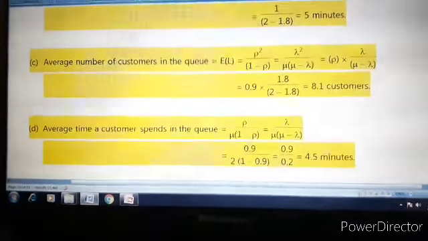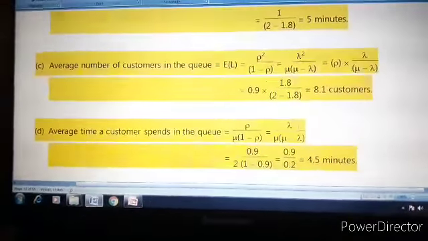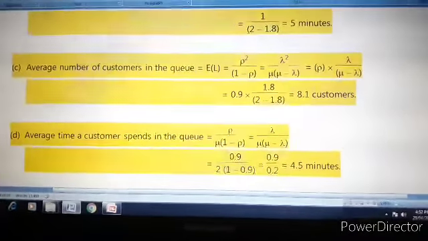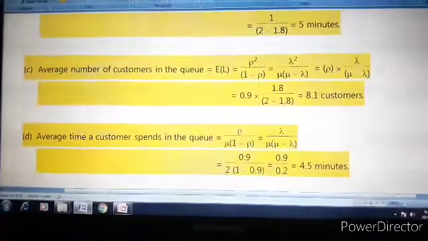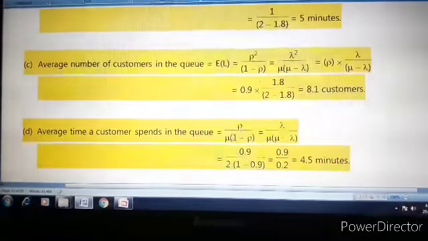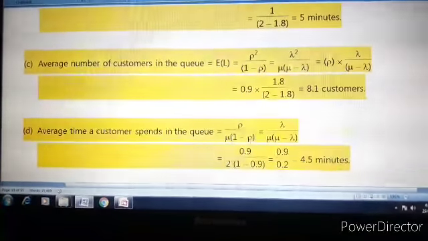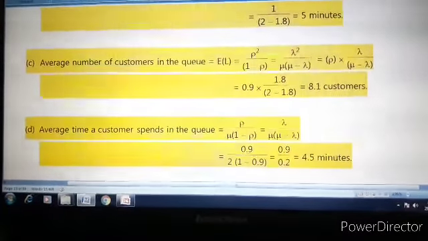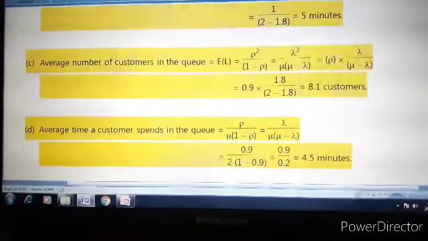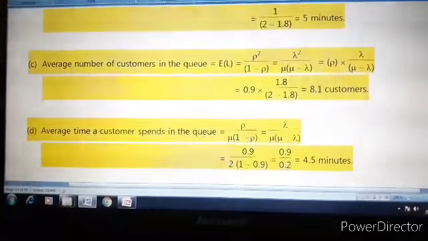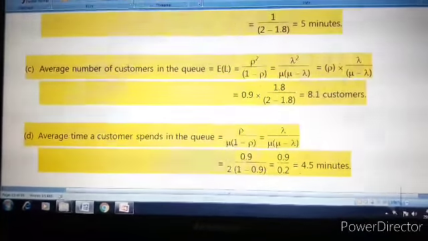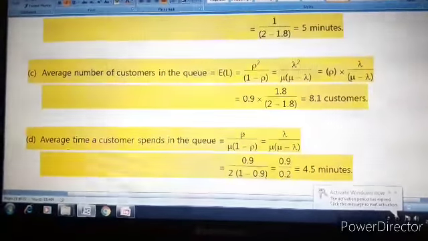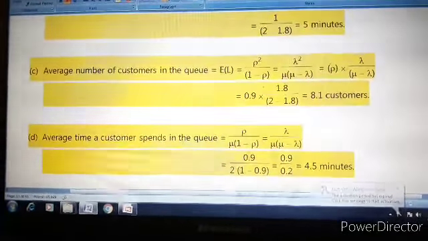Here I have directly referred to the expression rho upon mu times (1 minus rho). You may substitute in terms of lambda, but here I have substituted in terms of rho and mu. So rho is 0.9 and mu is 2. When we calculate this value, we get 4.5 minutes. That is the average time a customer spends in the queue.